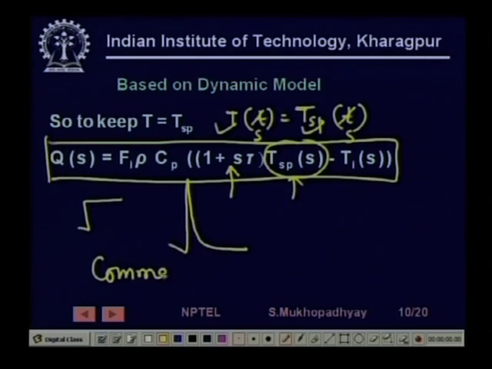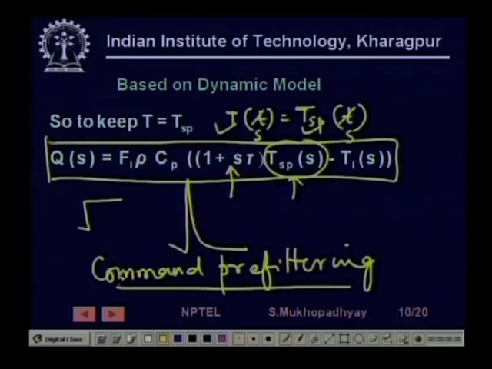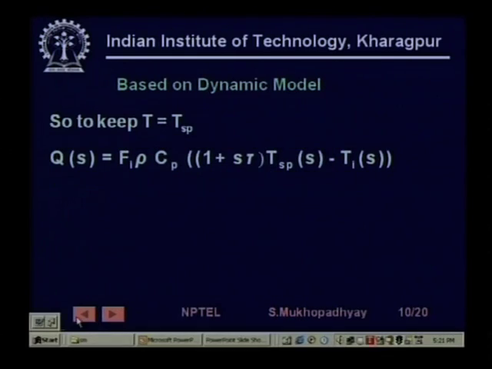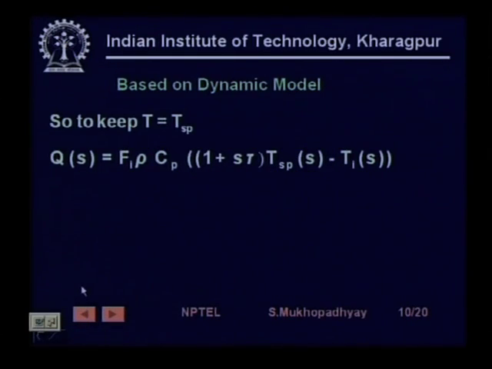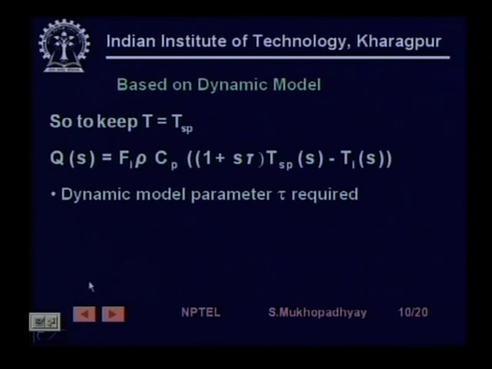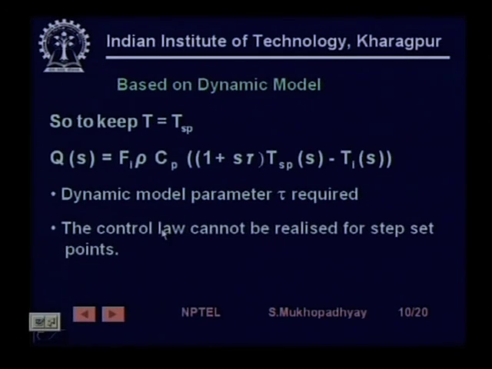In fact, that is why sometimes what you do is called command prefiltering. That is, you put a prefilter before applying the set point to the process. So this is another observation: in designing this law you need the dynamic parameter tau, and this control law cannot be realized for step set points.